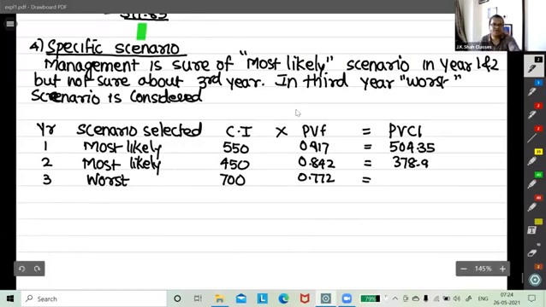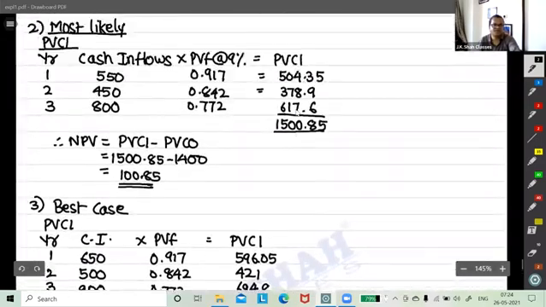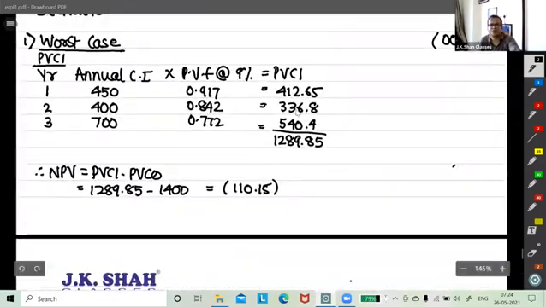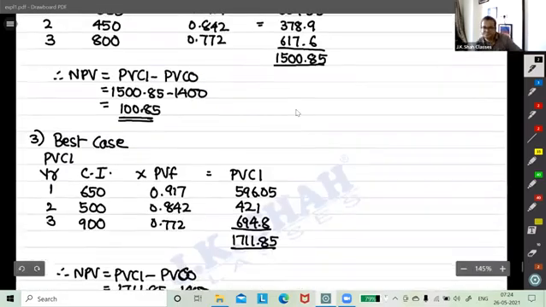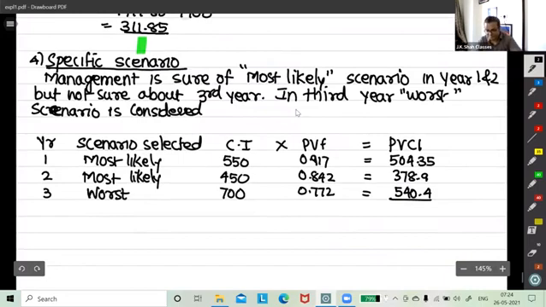NPV also calculated. Let me copy now. This is my worst case, last 540.4. So 504.35 plus 378.9 plus 540.4. Total came to 1423.65.